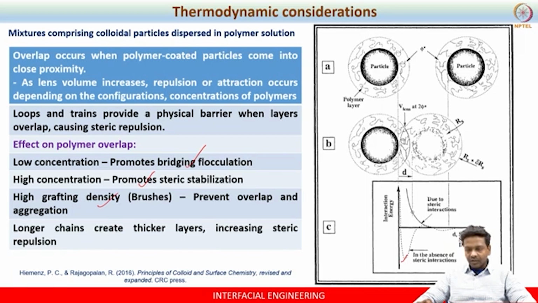Whereas in the absence of steric interactions, especially when there is depletion attraction or bridging flocculation, the interaction energy follows the dotted line. So the interaction energy varies as a function of surface-to-surface distance as shown in the dotted line. So there will be attraction as well, because of the absence of steric interactions.